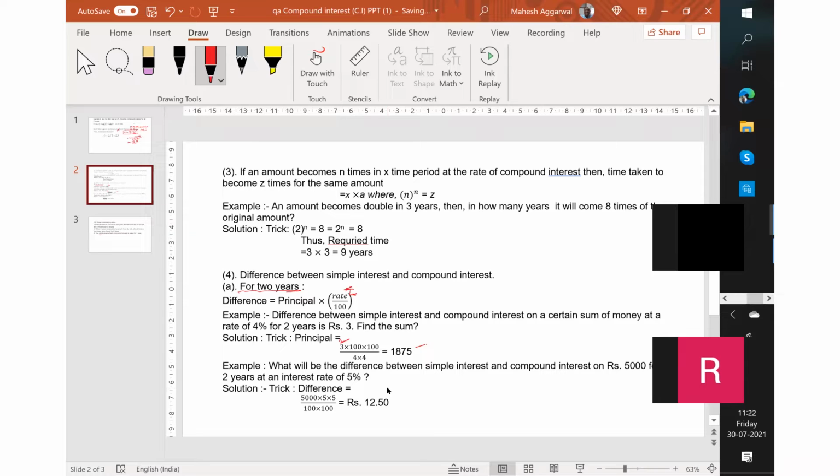Most of the questions are simple. Excuse me, sir. Please tell me. Sir, the screen is not visible. Okay, just give me a minute, I'll share it again with you. Is it visible now, Radhika?